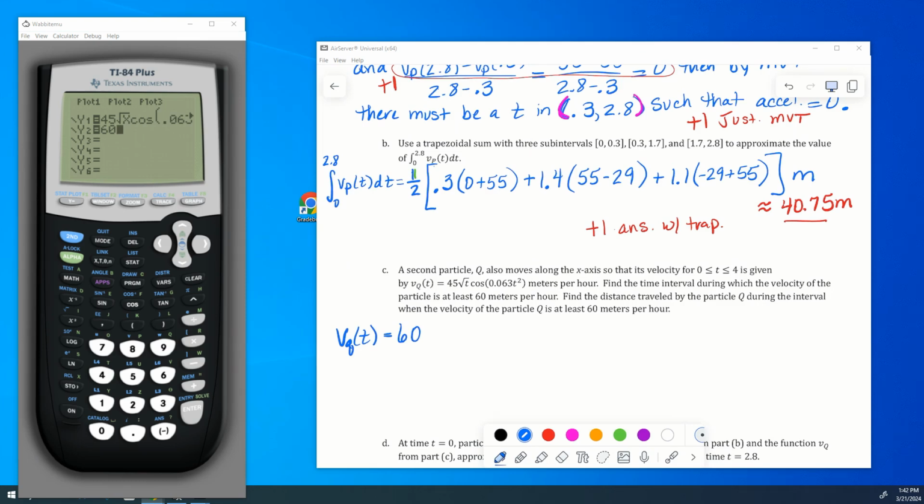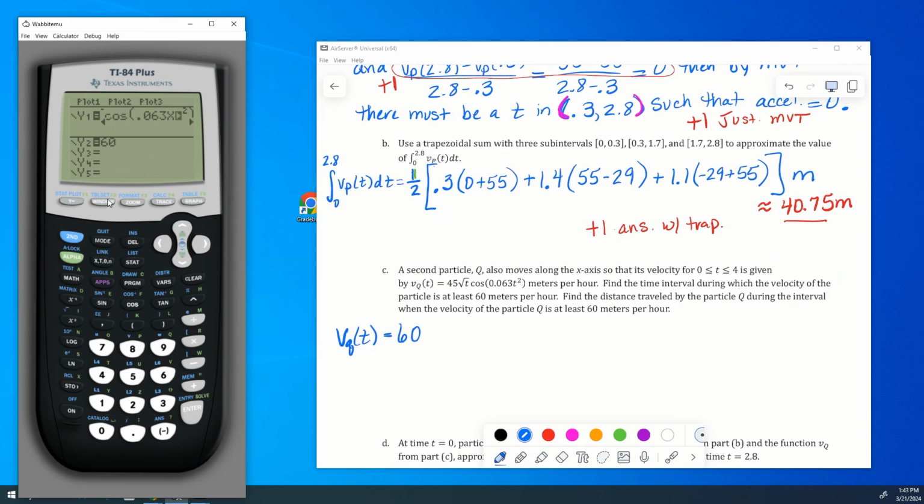Okay, so getting on the calculator, I have my equation into Y1. And then I have 60 into Y2. Making sure I typed it in right. That's always good to double check. Oh, see, I did not. Delete that sucker. There we go.